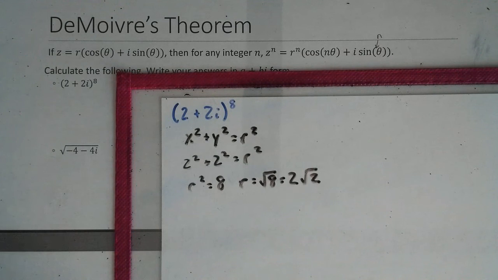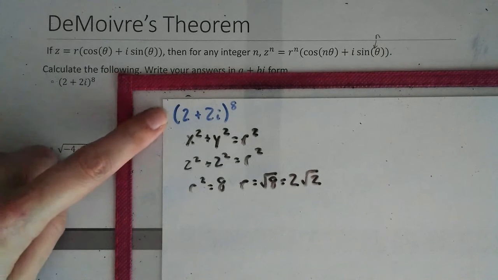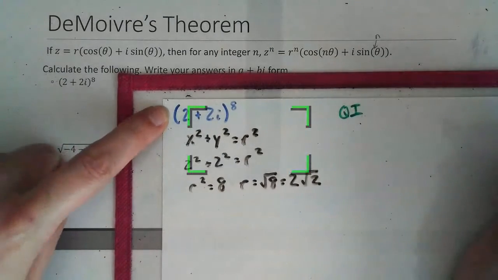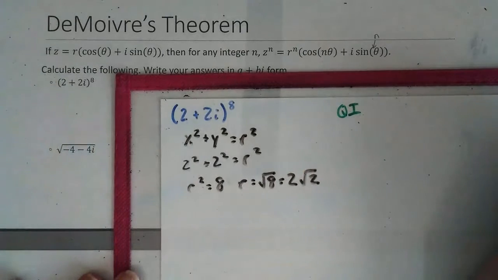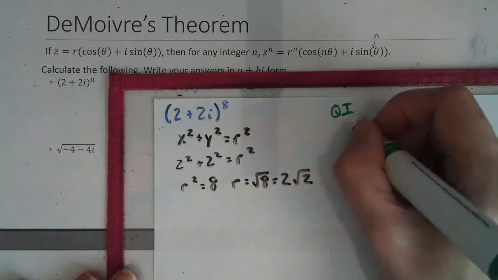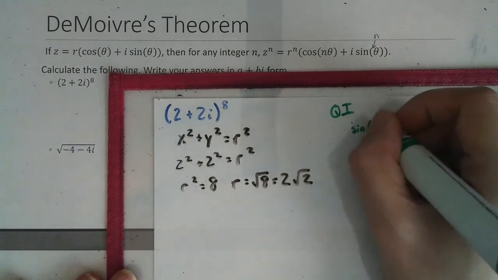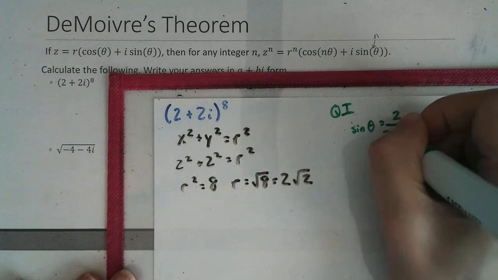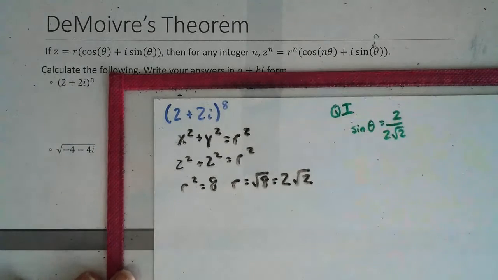Remember that theta comes from using either sine or cosine. First, we need to think about what quadrant we are in. If x and y are both positive, we are in quadrant 1. Yay! You can use either sine or cosine. We'll get to the same place. The sine of theta would be equal to 2 over 2 times the square root of 2.